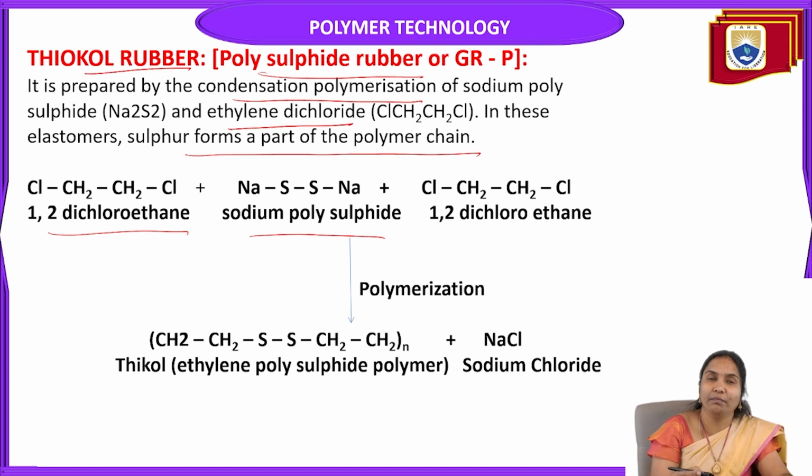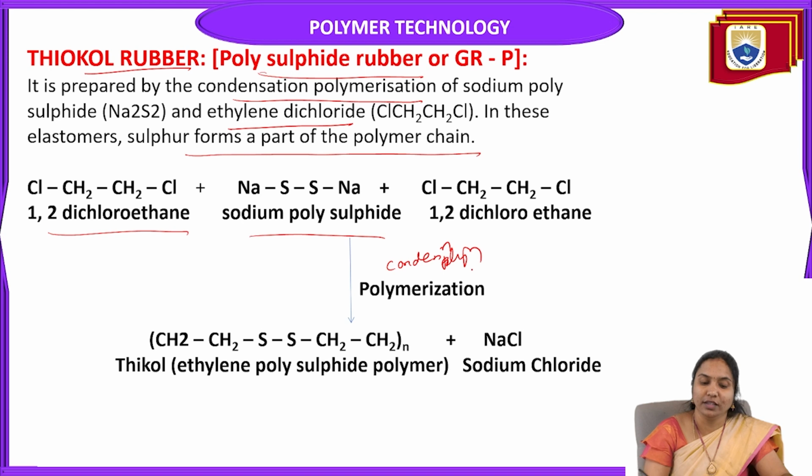So Thiokol rubber, also called polysulfide rubber, undergoes condensation polymerization and forms Thiokol rubber. It is also called ethylene polysulfide rubber.